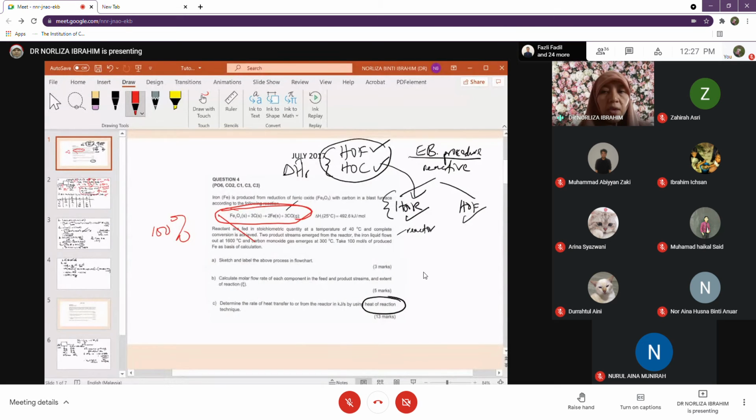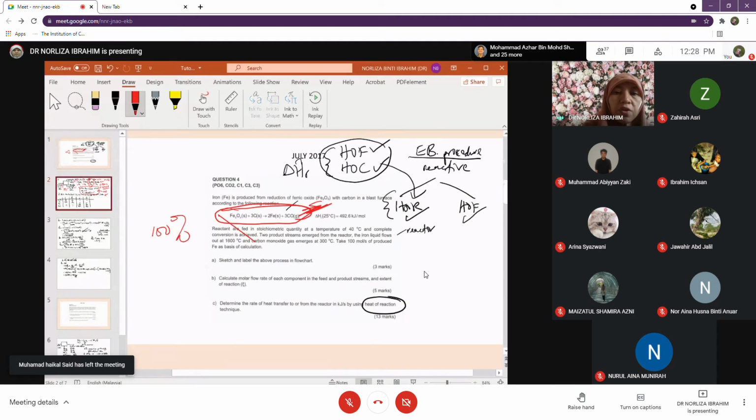Because as I mentioned, the product of the reaction is iron solid, but the product of the reactor is iron liquid. So my reference state must be the reactant and product of the reaction, not the reactor. I should refer to the reaction for my reference state.